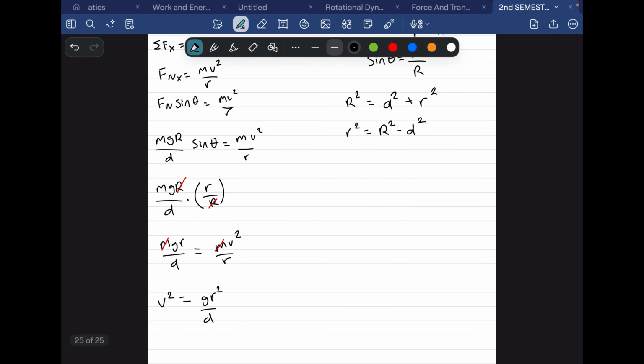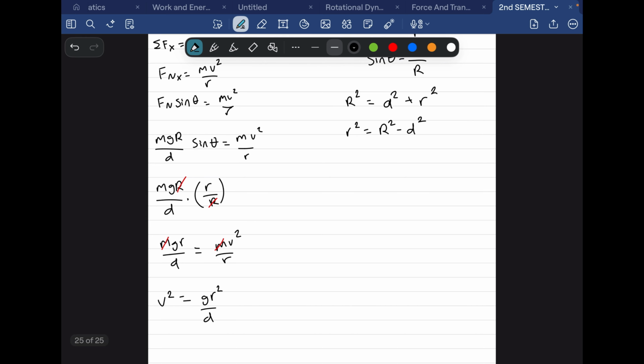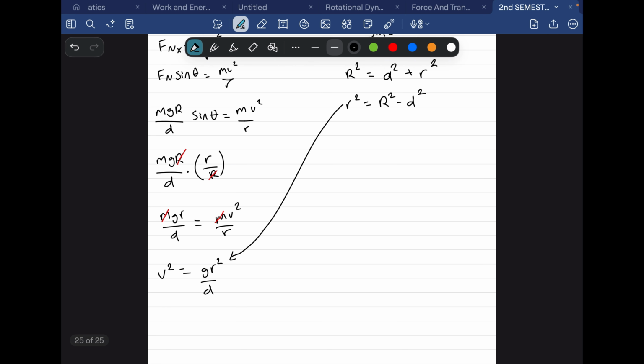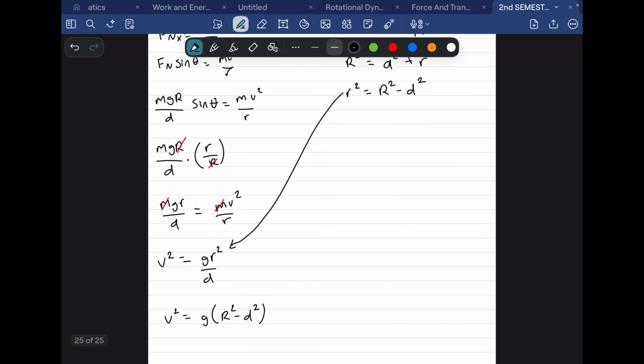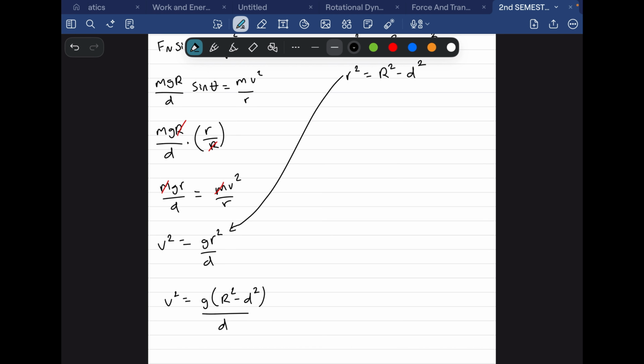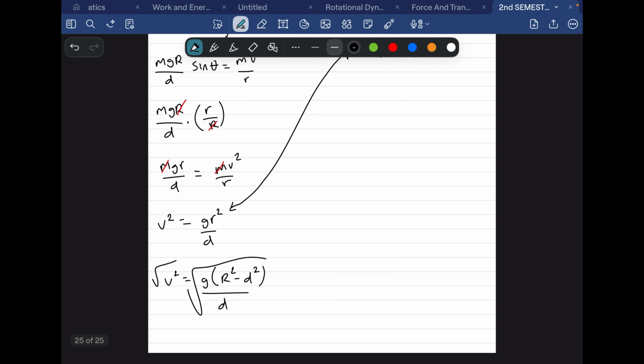So I'll plug that into this. So v squared is equal to g times capital R squared minus d squared over d. Then square root both sides, which gives me this equation.